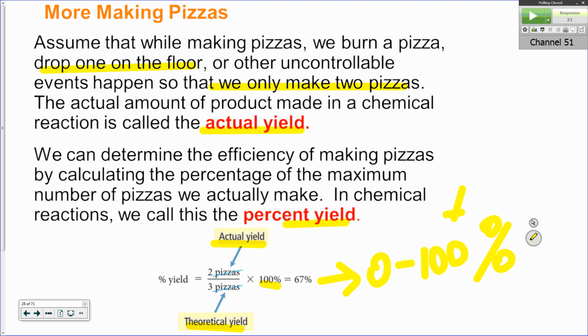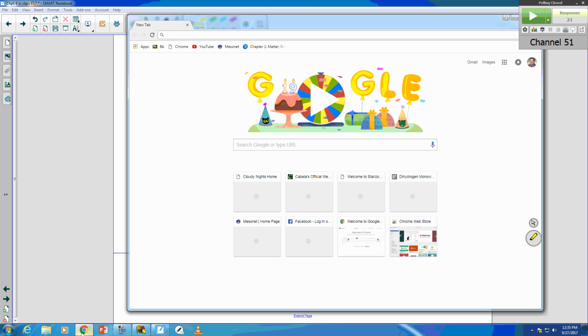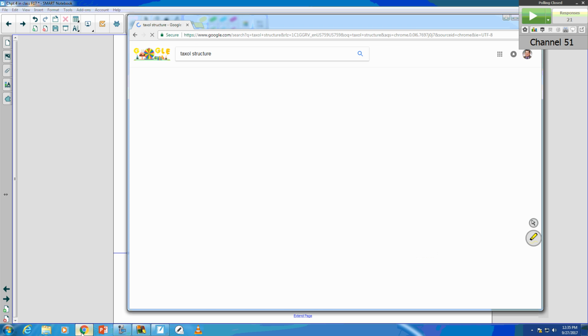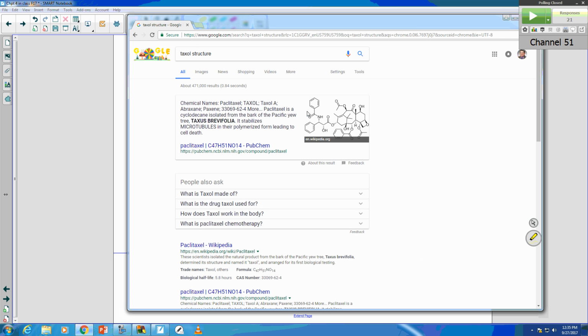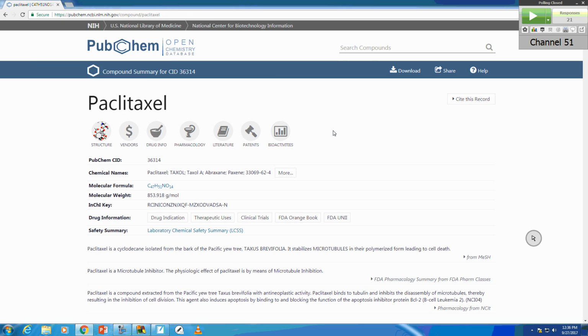Let me show you an example of a drug, and I'll tell you the story behind it. Okay, so here is a compound.